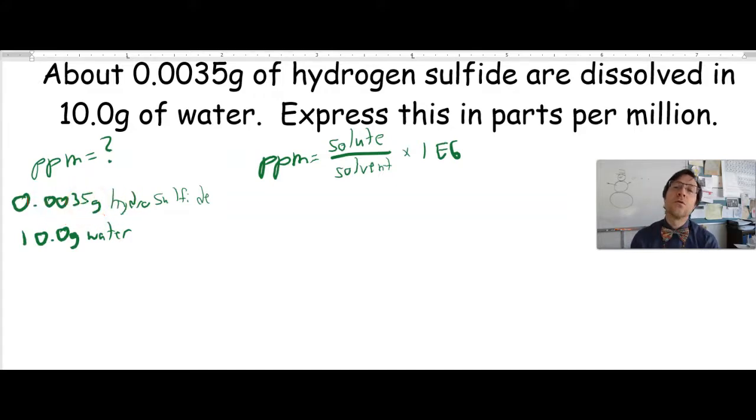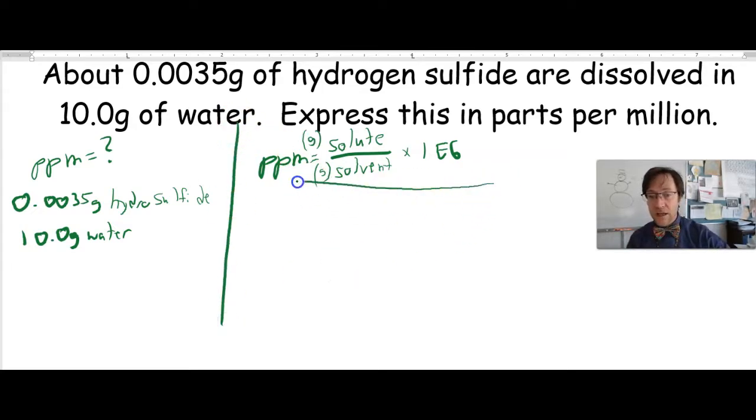It is so small compared to 10 that the mass it adds is negligible. It's almost not even there. So that's why we can get away in parts per million with just doing the grams of solute divided by the grams of solvent. The grams of solute are so small, they have almost no effect on our final outcome.